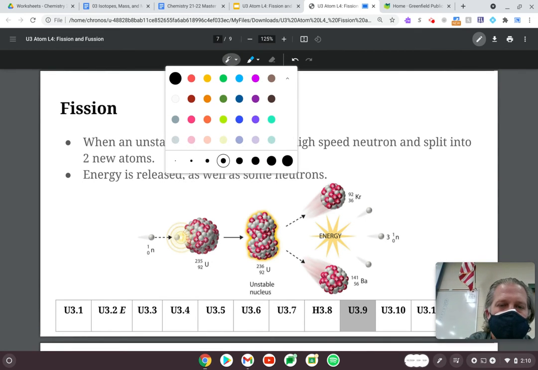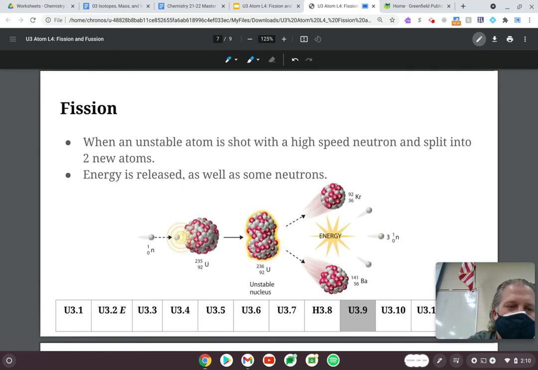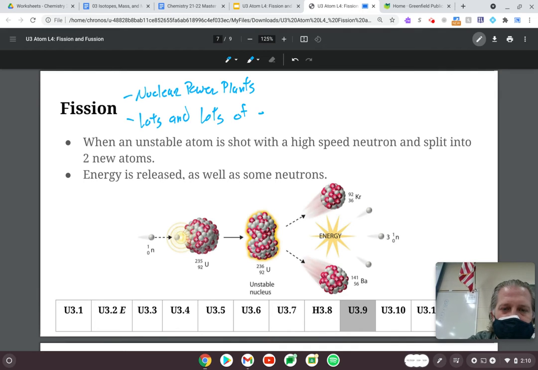Fission has a tendency to occur in nuclear power plants, and has a tendency to produce lots and lots of energy. But note the difference. The first one, fusion, was lots and lots and lots. Fission is lots and lots. So it produces a lot of energy, just less than fusion.